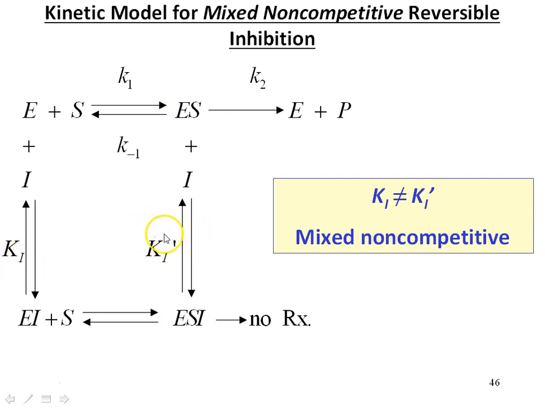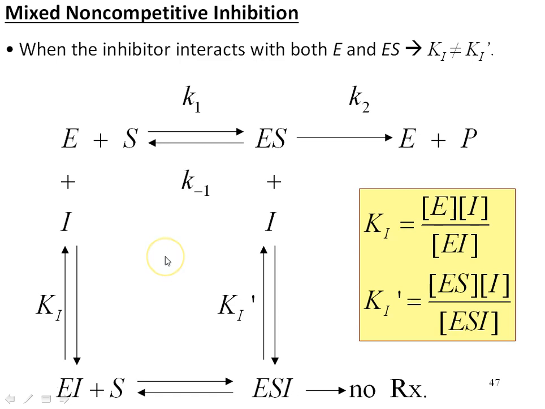So Ki and Ki prime are not equal, because the extent of dissociation of the inhibitor from the enzyme differs from the extent of dissociation of the inhibitor from the enzyme substrate complex. And of course, the ESI will lead to no reaction as usual. So the basic key point here is that in the mixed non-competitive, Ki is not equal to Ki prime.